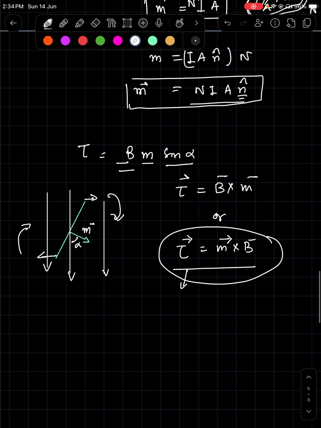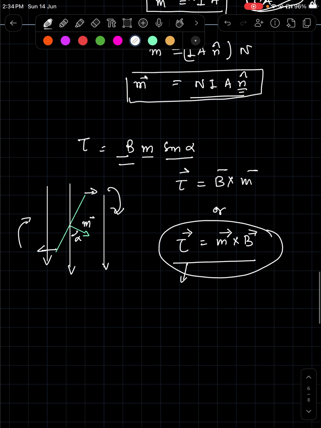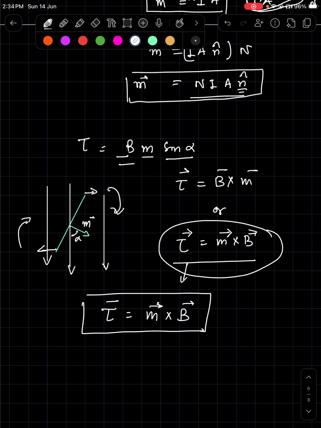So you have to apply the right hand rule here with your fingers, then you can see the torque is produced like this. So that is why this is the right expression. The general expression of the torque is m cross B.